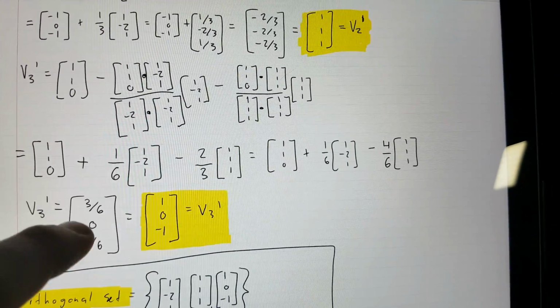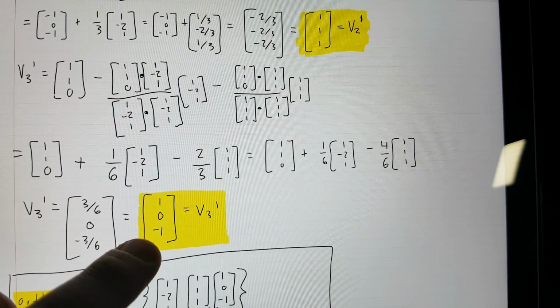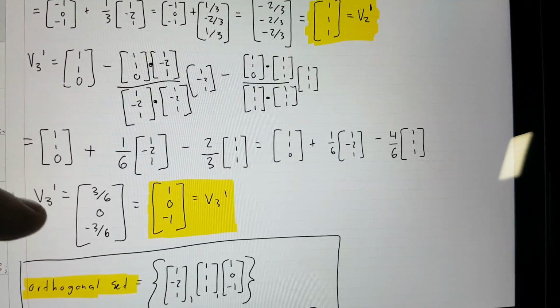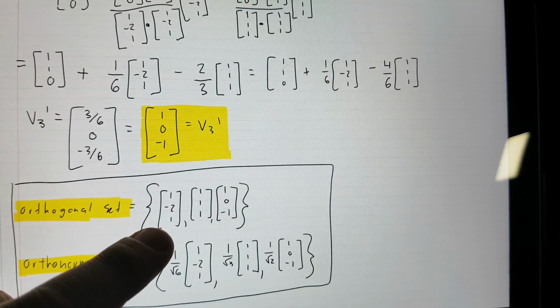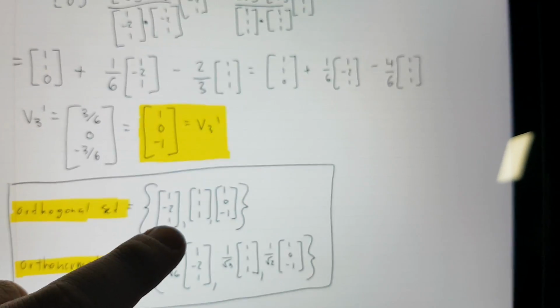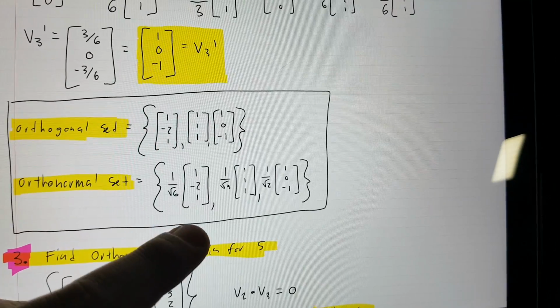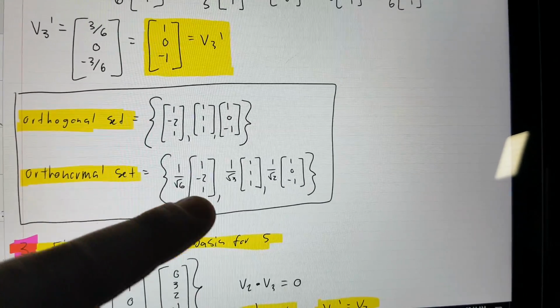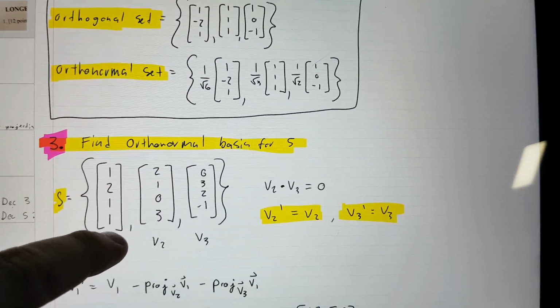So you do all your arithmetic, I get something like this, and I simplify that to this. That forms the orthogonal set. Then again, you take the magnitudes of each of these and divide by those, and that forms your orthonormal set. You can also distribute that if you want, but it's just messier.